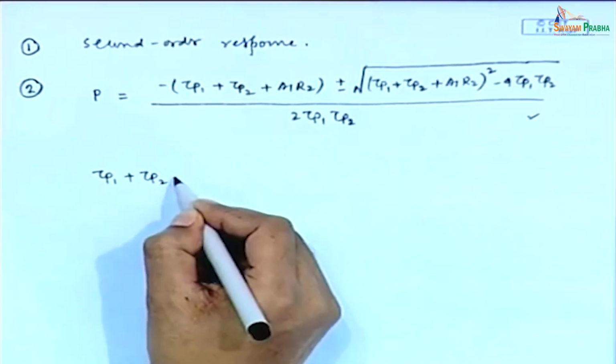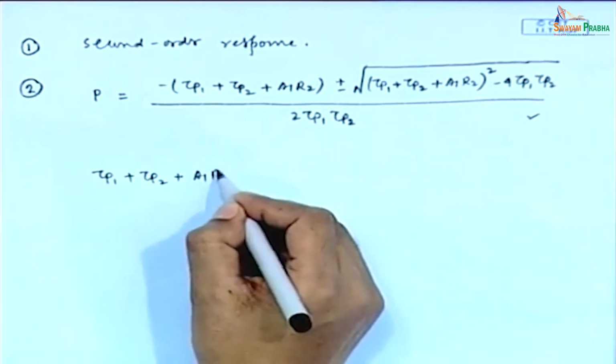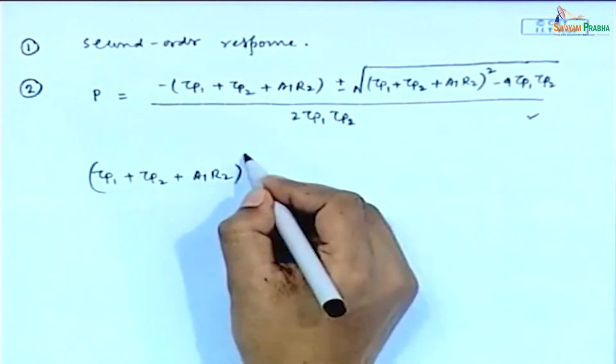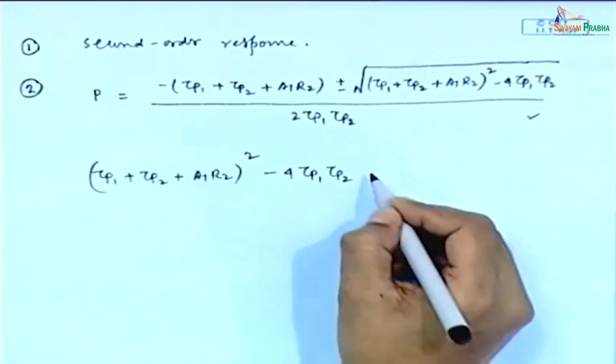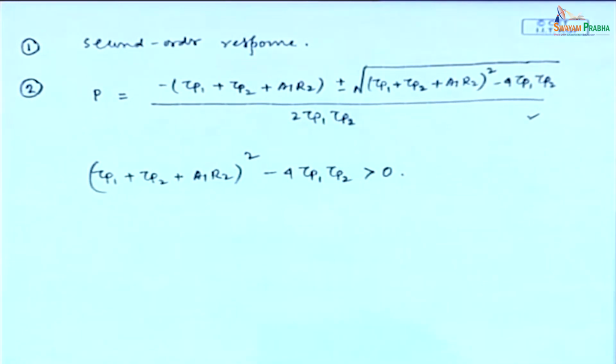Now, (tau p1 plus tau p2 plus a1 r2) whole square minus 4 tau p1 tau p2 is greater than 0. That means two distinct real poles. So, what about the overall response?